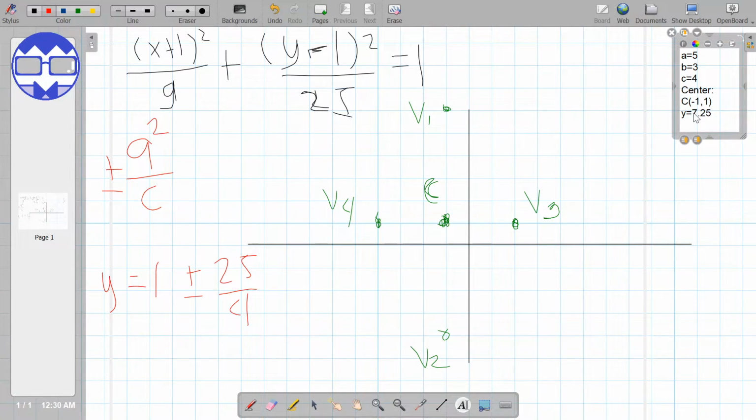Again, there are two directrices, so we also have y equals 1 minus 25 over 4. The answer is negative 5.25. Just check it in your calculators: solve these two, 1 plus 25 over 4 and 1 minus 25 over 4.